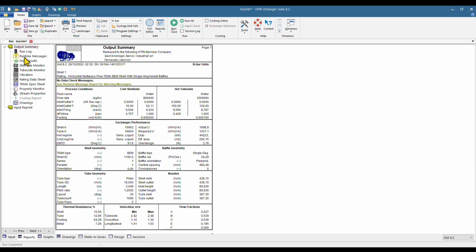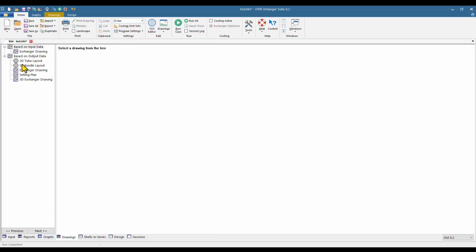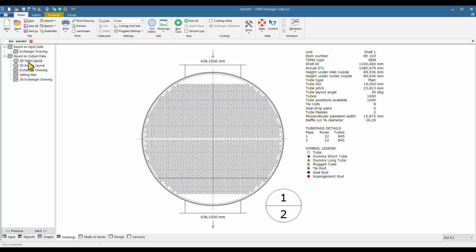Let's check if there is some kind of messages. Shell side in the condition evaluated, an impingement device is not necessary. ASME section 8 division 1 has been used, so let's give a look to the tube sheet layout. So drawings here to the tube sheet layout.